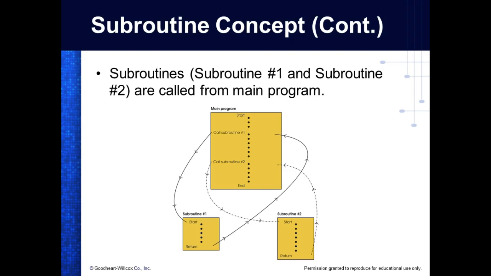When you call the subroutine, it automatically puts the condition of the processor, the registers inside the processor, the program counter that keeps up with the count, and it saves that on the stack. And then when it hits that return, it automatically pulls it off the stack. And that's automatic, guys. We don't have to do anything.